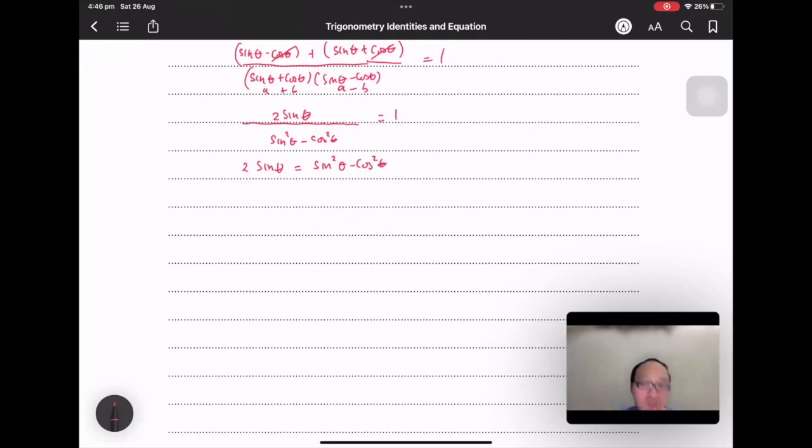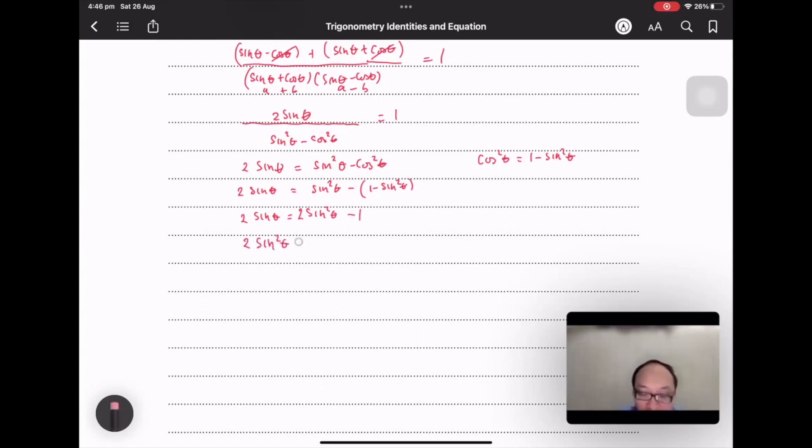Again, we have to express it in a single trigonometric function. So I have to use cos square theta equals 1 minus sine square theta. So 2 sine theta equals sine square theta minus 1 minus sine square theta. So 2 sine theta equals sine square theta plus sine square theta. So this is 2 sine square theta minus 1. And then reduce to the quadratic.